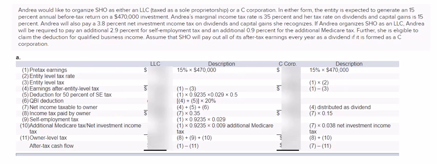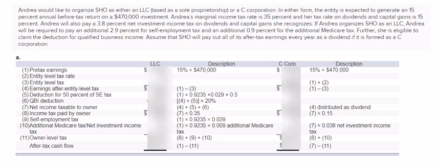Now keep in mind that the entity level tax rate, and therefore the entity level tax as well, only applies to the C Corp. Next, we have to deduct the 50% of the self-employment tax under the LLC, right? And then you need to factor in the QBI deduction.